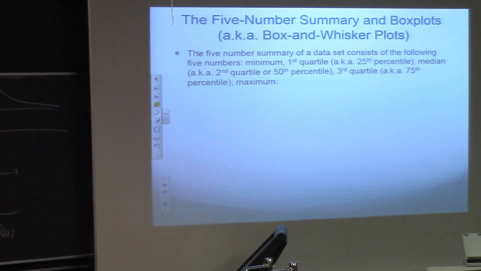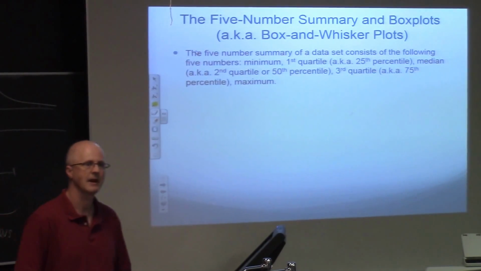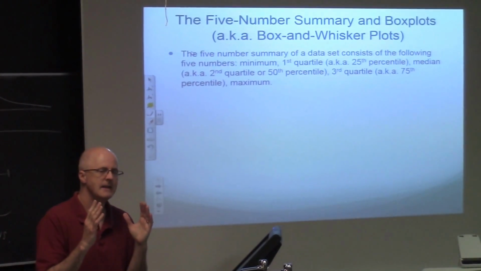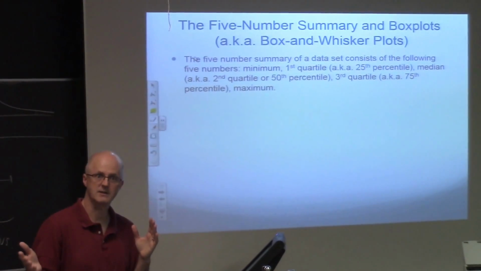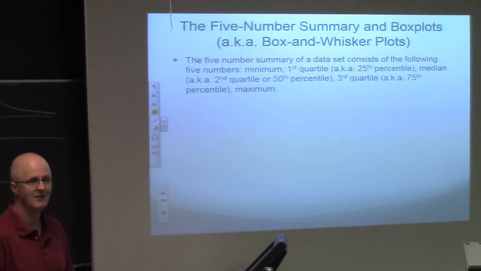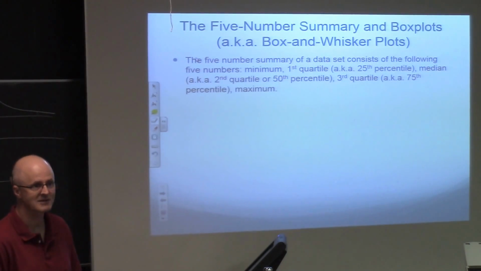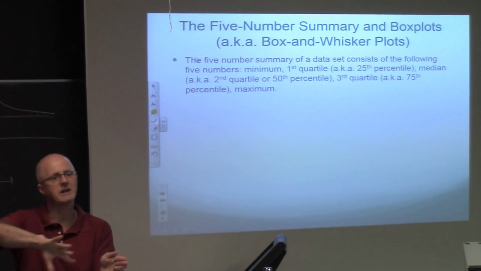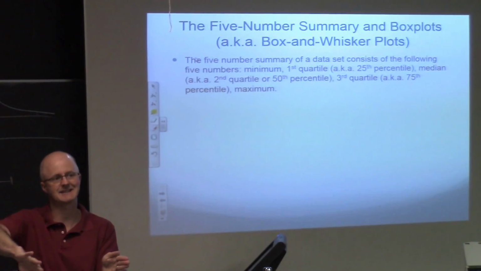The 5-number summary of a data set consists of the following 5 numbers. Listen carefully. The minimum, which is the smallest value. The first quartile, also called the 25th percentile, which is the point where approximately 25% of the data are less than it. A quarter of the data.